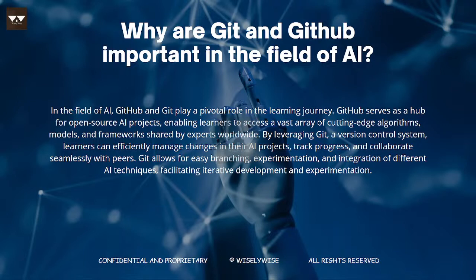Git allows for easy branching, experimentation, and integration of different AI techniques, facilitating iterative development and experimentation. Moreover, GitHub's collaborative features such as pull requests and code reviews, they foster a community-driven learning environment where learners like us can receive feedback, improve their code quality, and learn from others' expertise.